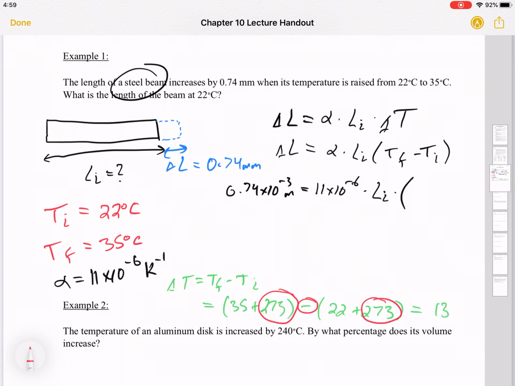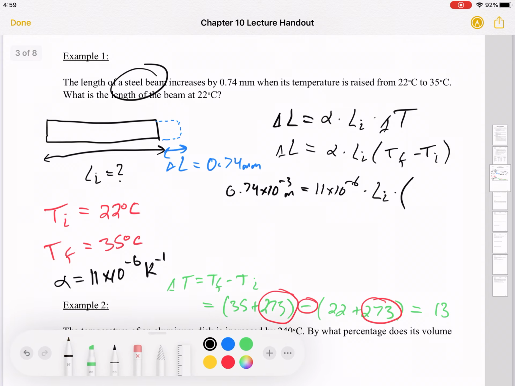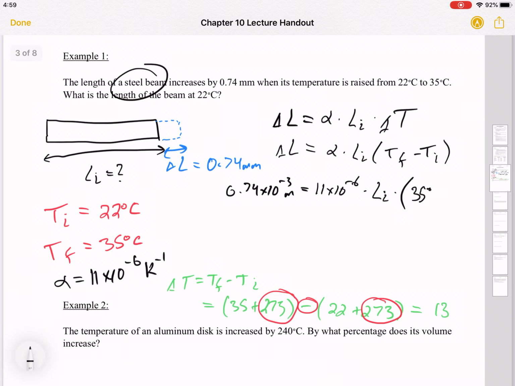It's kind of like when we take the ratio of two things in something that's not SI units. As long as the units are the same, the conversion factors go away. So this is one of those cases. So I can just leave this in Celsius and say 35 degrees Celsius minus 22 degrees Celsius. Again, we need to be careful about that, but it does work out for delta T's.